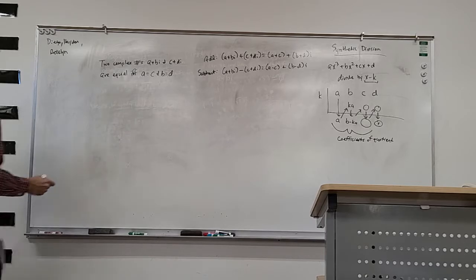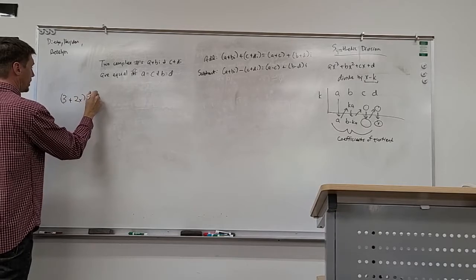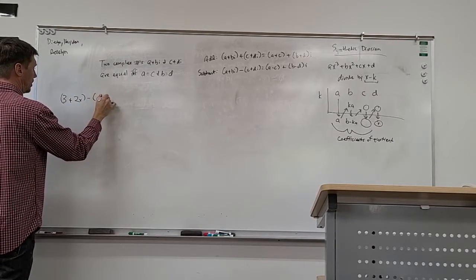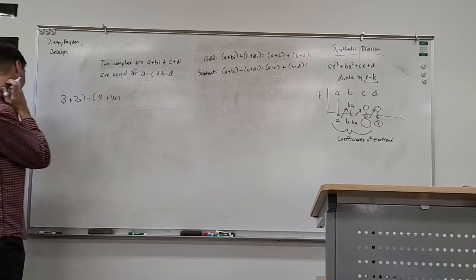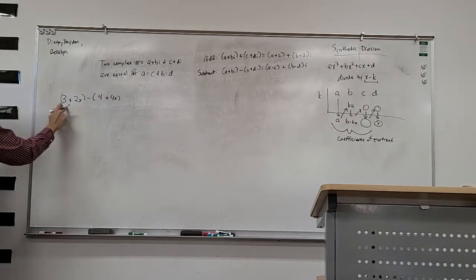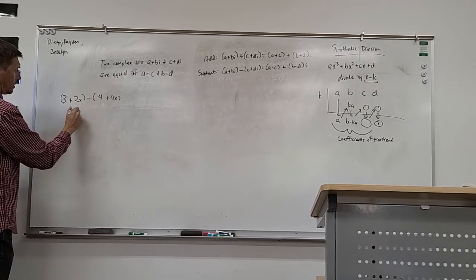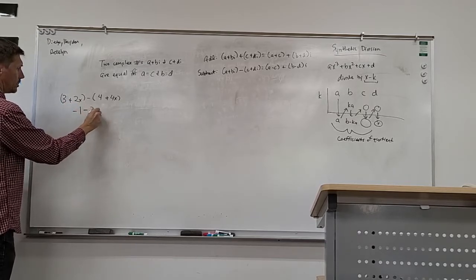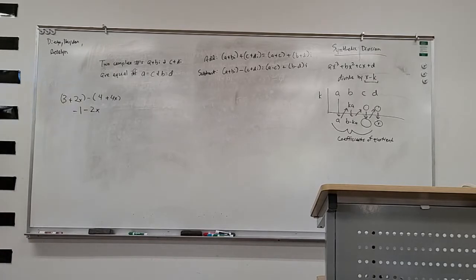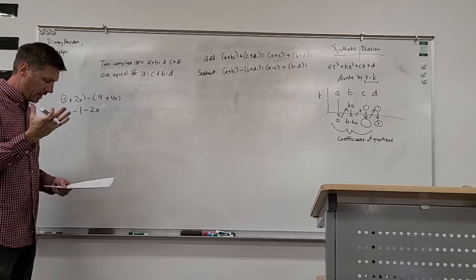Like I said, it would be exactly the same thing if we had like 3 plus 2x minus 4 plus 4x, right? We would take the difference of the numbers that had no variable. We would say that would be -1 minus 2x. That would be exactly the same if we replace those x's with i's, right? So nothing really crazy if you just kind of think of the i as being a variable.